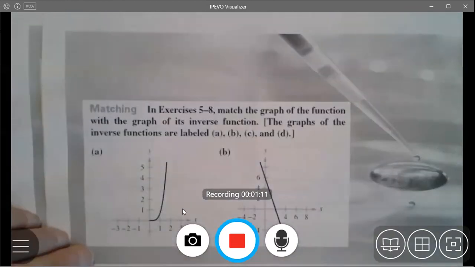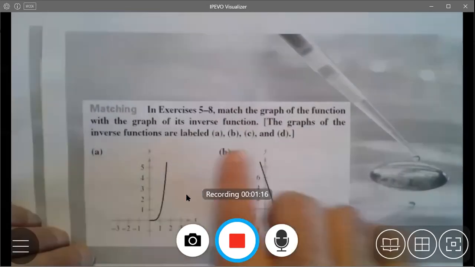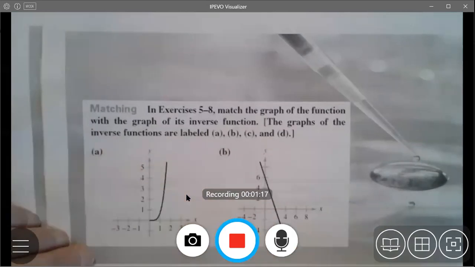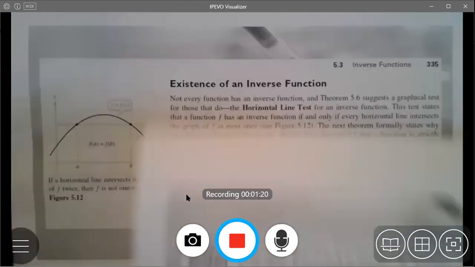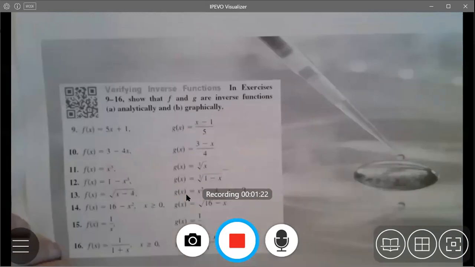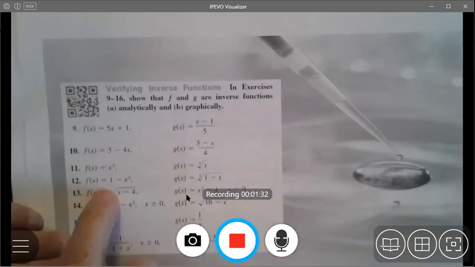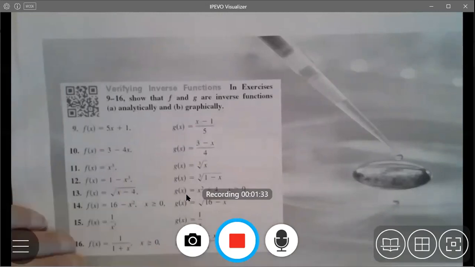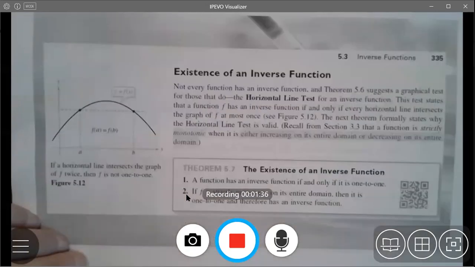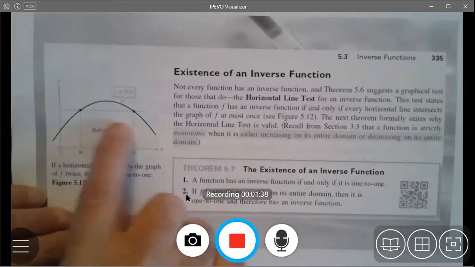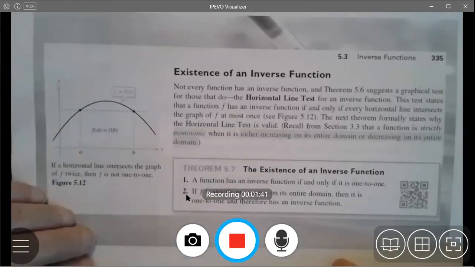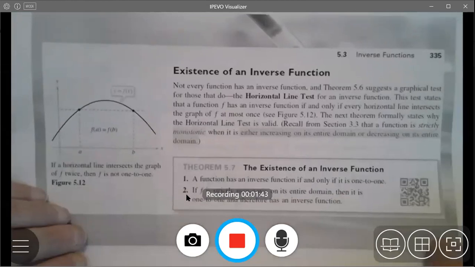We looked at graphs, where if you switch the x and y components of a particular point, you can get the inverse graph. We looked at the function and its inverse, substituting one in as a composite function, and we should just get x out. Then we looked at the horizontal line test. In order for a function to have an inverse, it has to be 1-to-1.